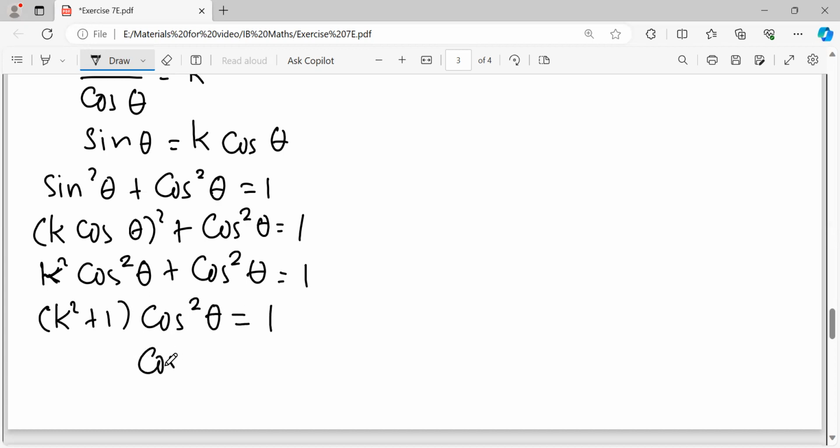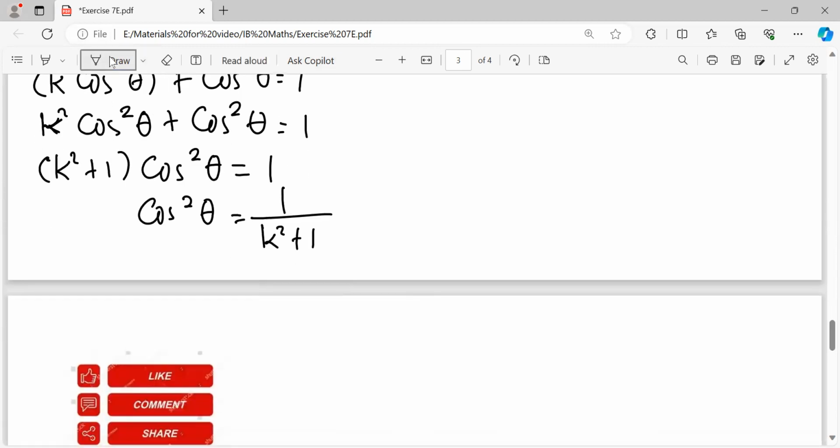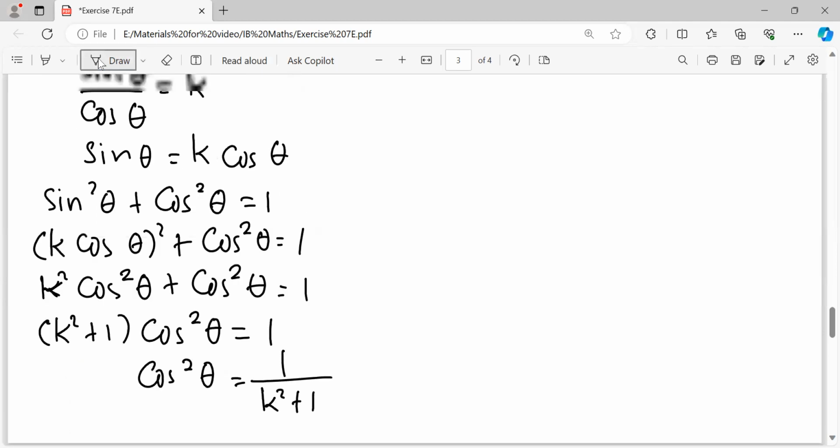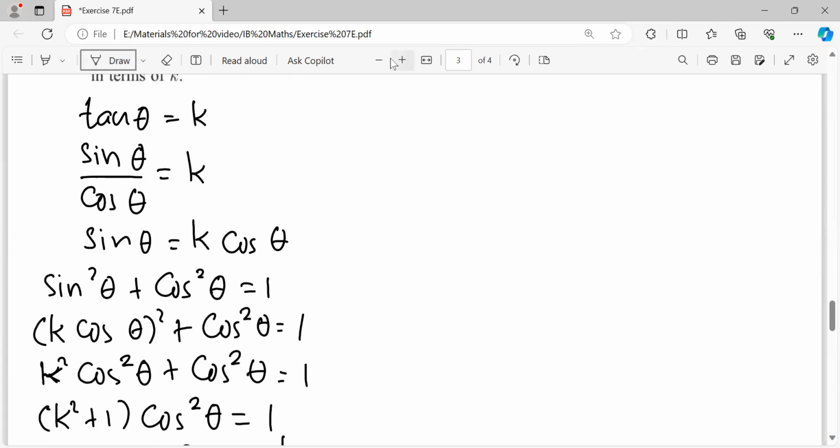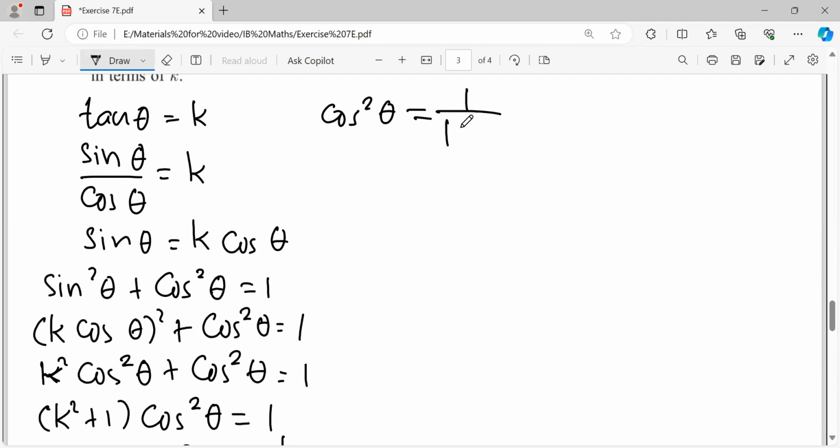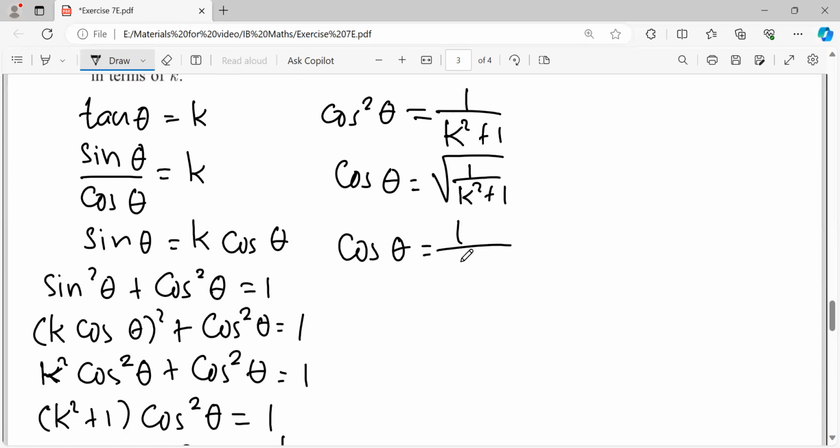So cosine squared theta equals 1 over k squared plus 1, so cosine theta equals square root of 1 over k squared plus 1, which means cosine theta equals 1 over square root k squared plus 1.